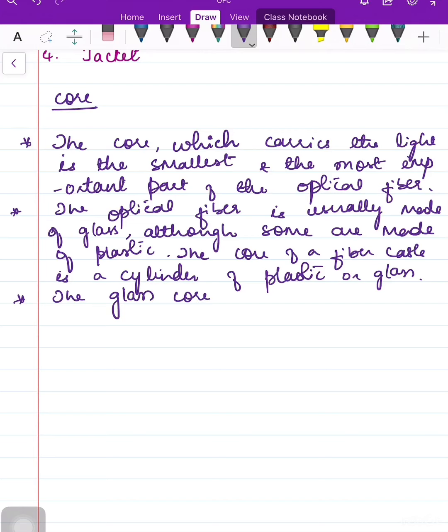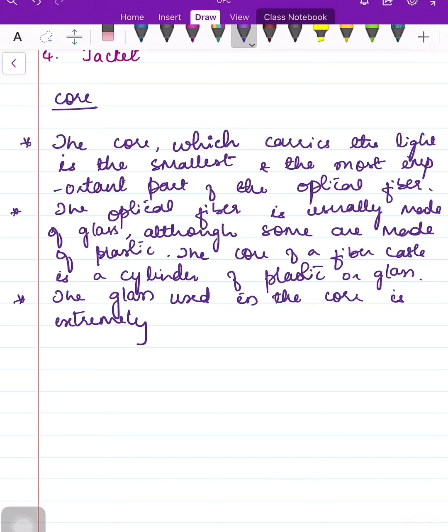So the third point which you can include is the glass core. The glass used in the core is extremely pure silicon dioxide.